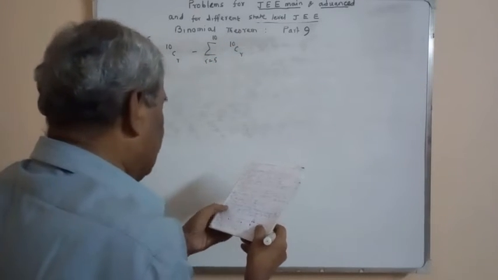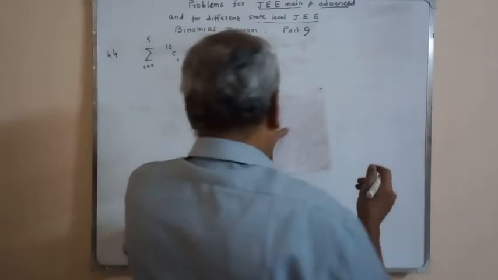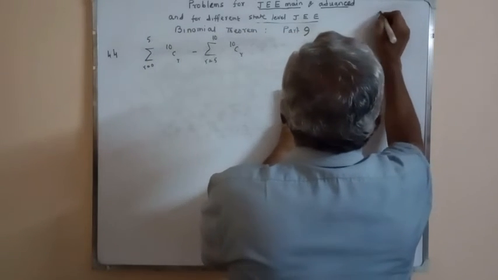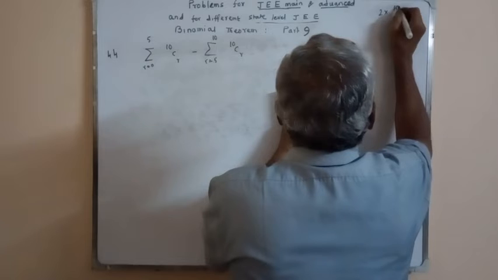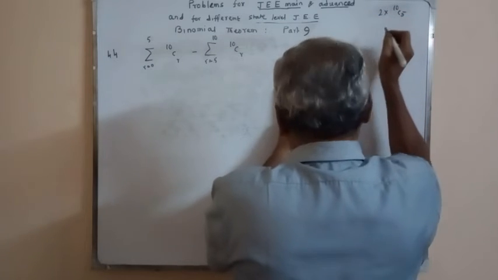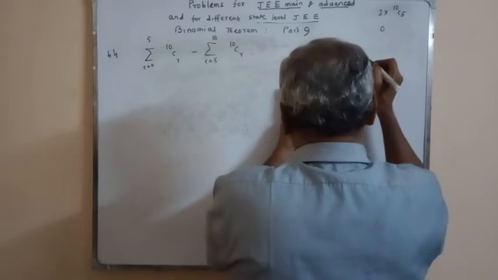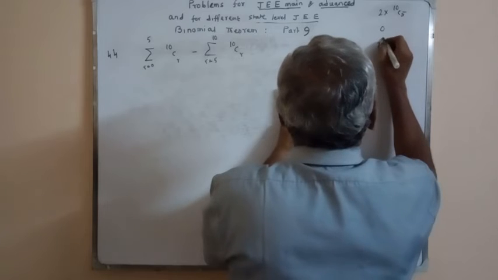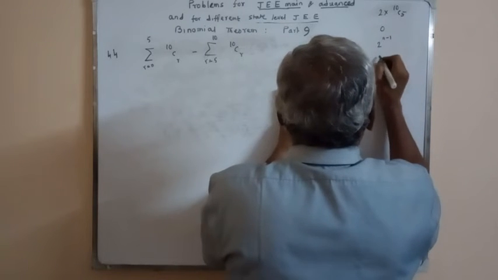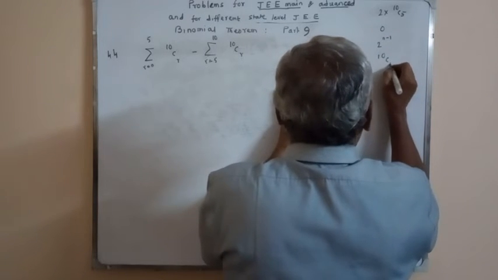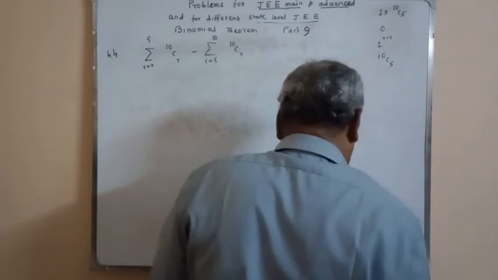The value of that. Options: 2 into 10C5, 0, 2 to the power n minus 1, 10C5. These are the options.